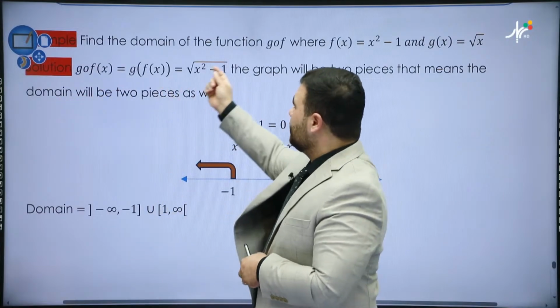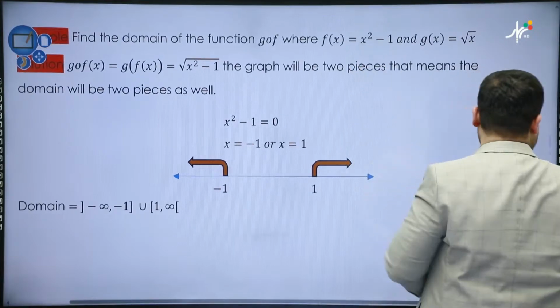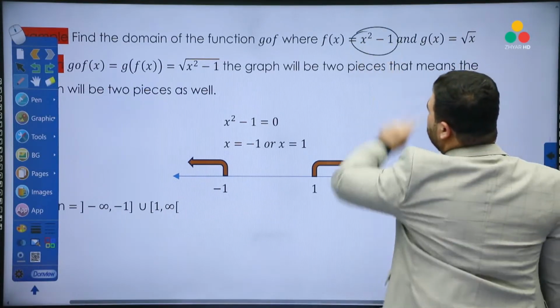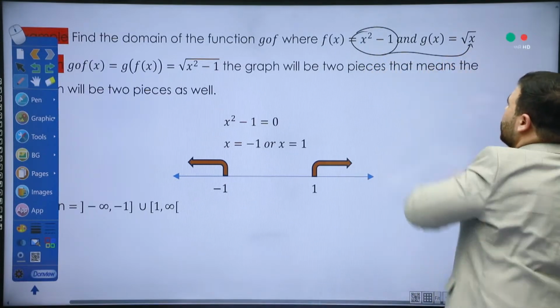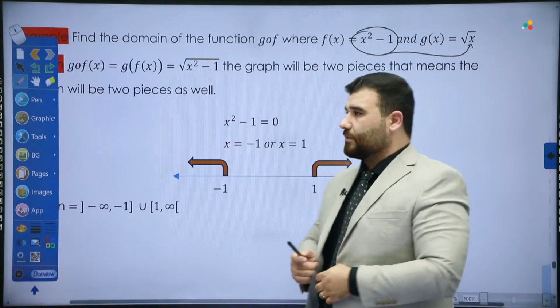Function f is x squared minus 1. I'm going to put function f in g in place of x. This is going to be square root of x squared minus 1.